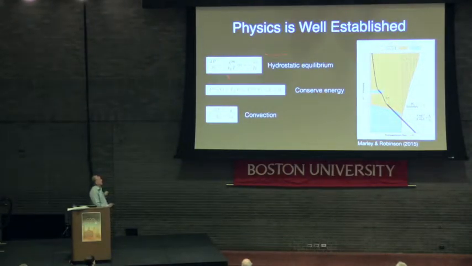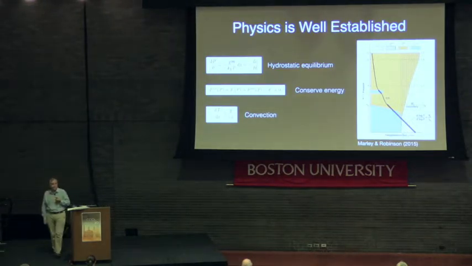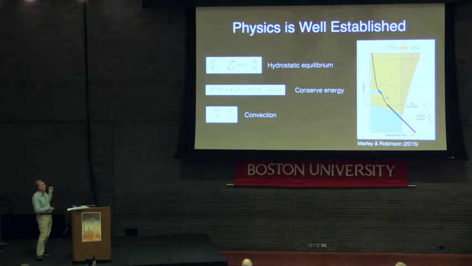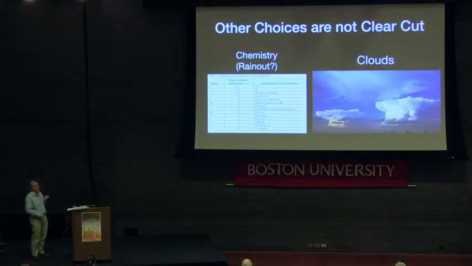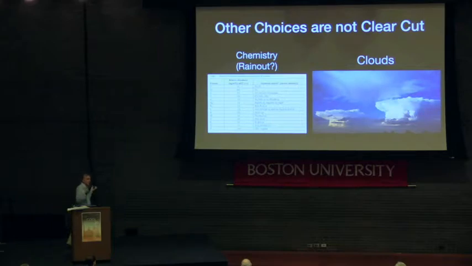The basic physics is well established. I won't go into it. We have a review paper with Ty Robinson that talks about the modeling process that I can refer you to. But while we have the basic physics, of course the hard things are the chemistry and the clouds. That's not news. In particular, there's rainout, which is how you go about removing grains from the atmosphere, and the details of how you do that.